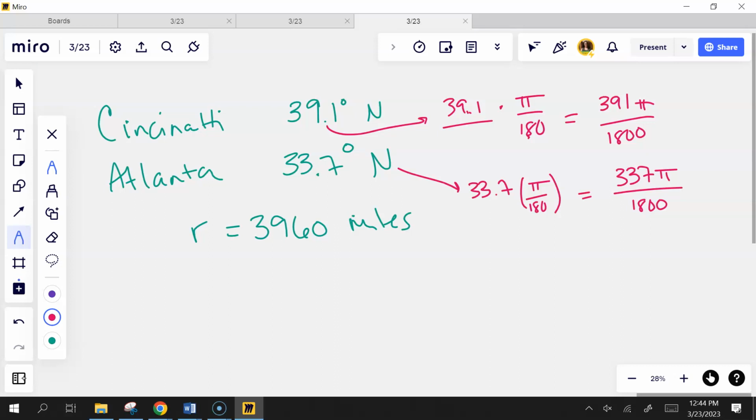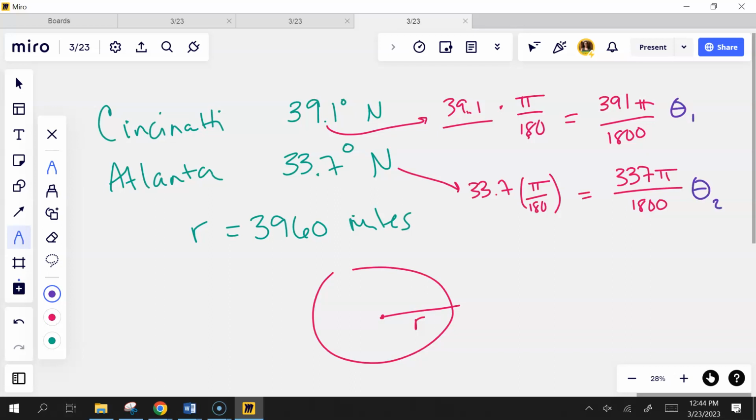Two different radian measures. Think about what this means, and it'll make more sense how to solve this. How far apart are the two cities? If I go from the same starting point, we're going from the equator, right? So this is the Earth. Here's my radius. This is not going to be accurate on the Earth, but let's say this is theta sub 1 and this is theta sub 2.